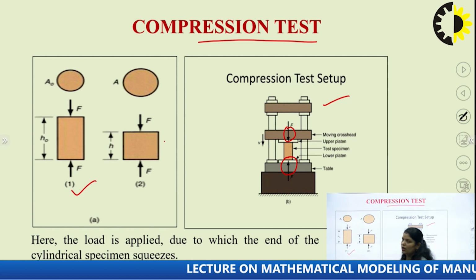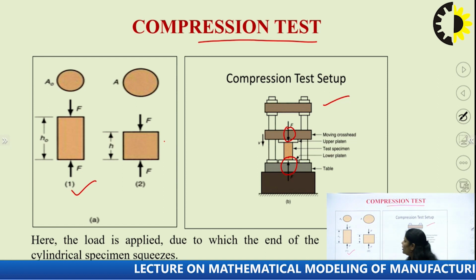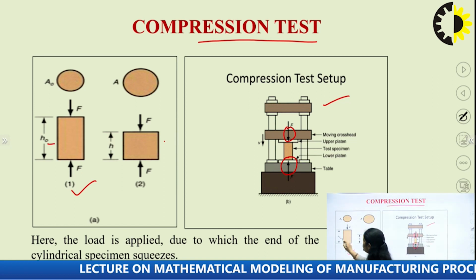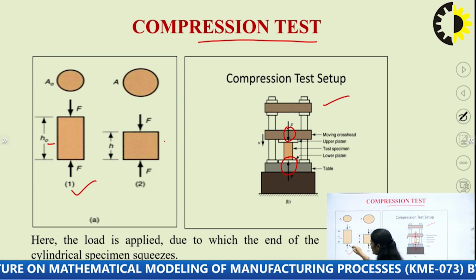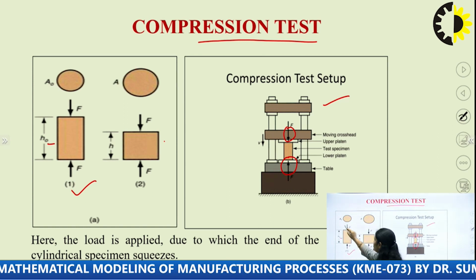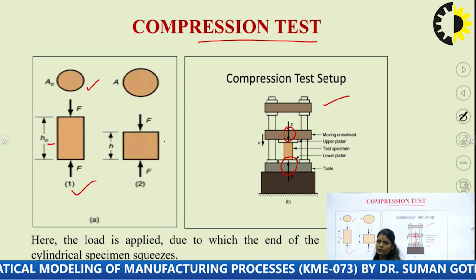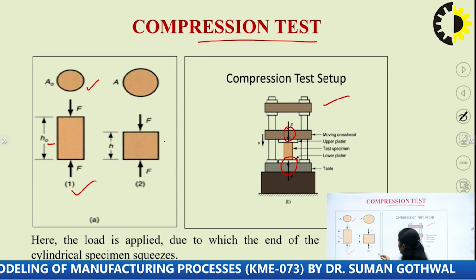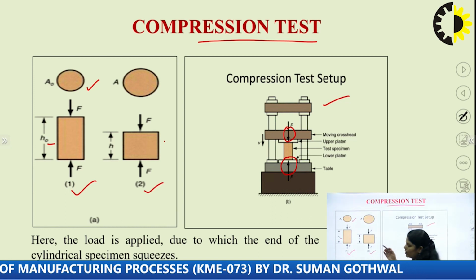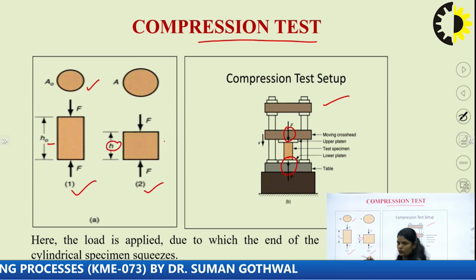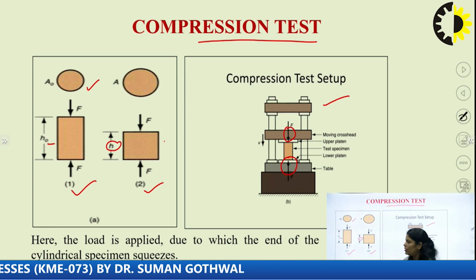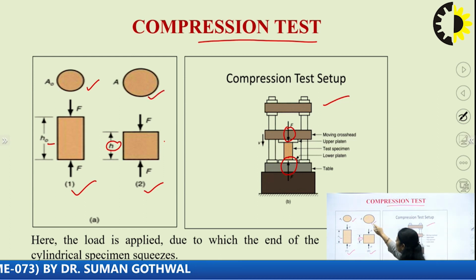This one is our original specimen and its height is H0 and this force F is acting here, which is compressive in nature, and this is the original cross sectional area. In case 2, when the compressive force is applied, then the height is H, height change होगी क्योंकि compress हो रहा है, and this area will become A, area will increase here.